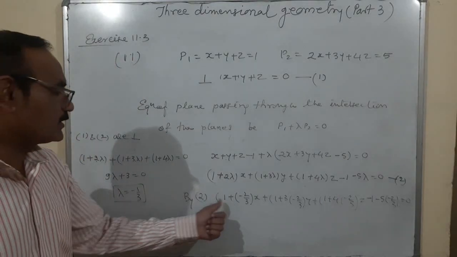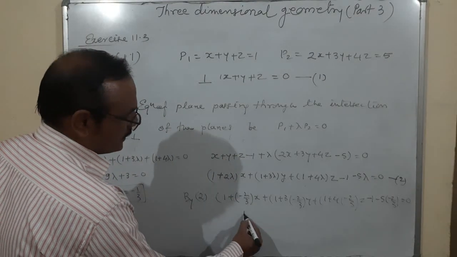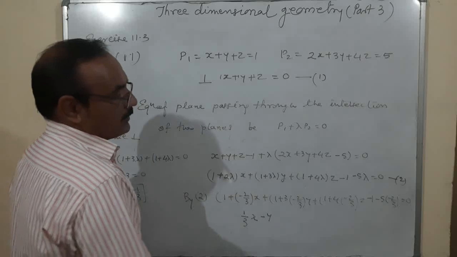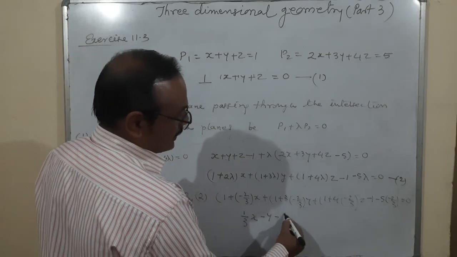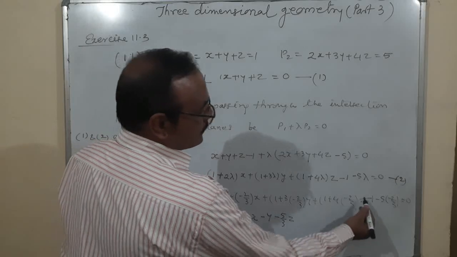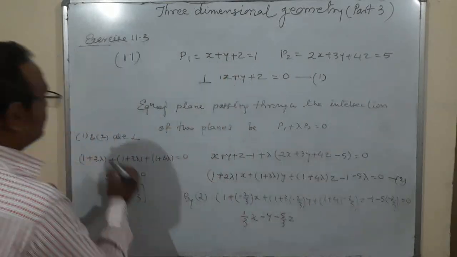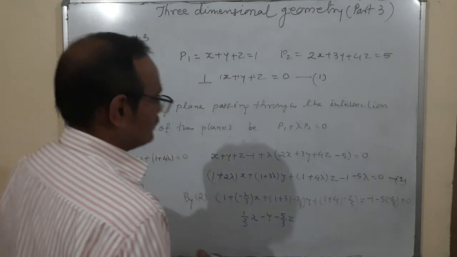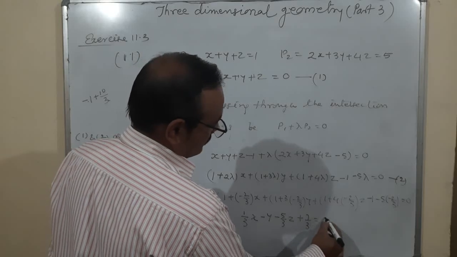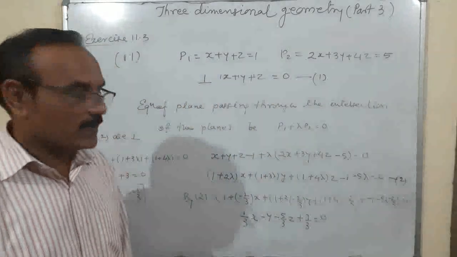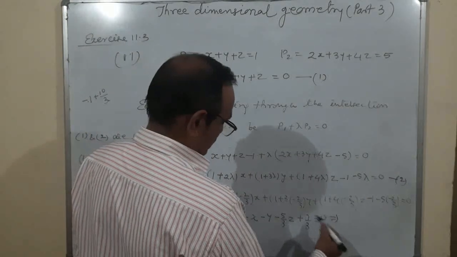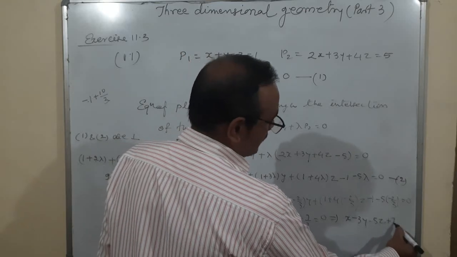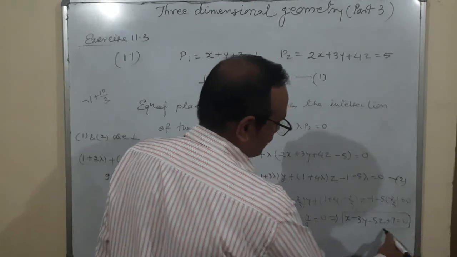That is 1 upon 3 x, the y term cancels, minus 1 upon 3 z, and the constant is 2 upon 3. We will multiply the entire equation by 3. So the result is x minus z plus 2 is equal to 0. This is the equation of the plane.